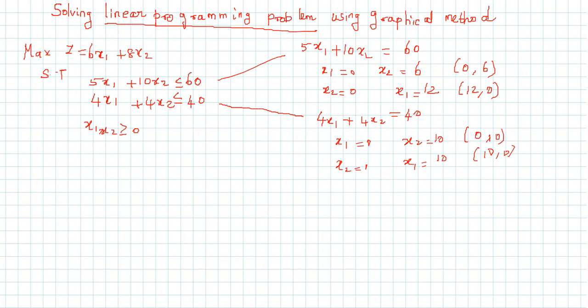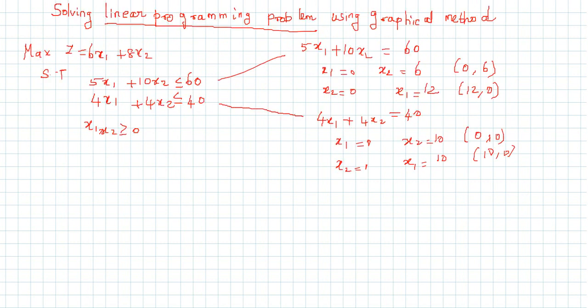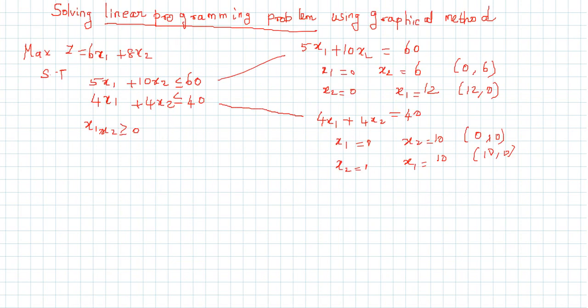So this is the first step. In the previous step we calculated the values of x1 and x2. The next step is to construct a graph. The graph will be like this. We have x1 here and x2 here. For the first constraint, the points are (0, 6) and (12, 0).